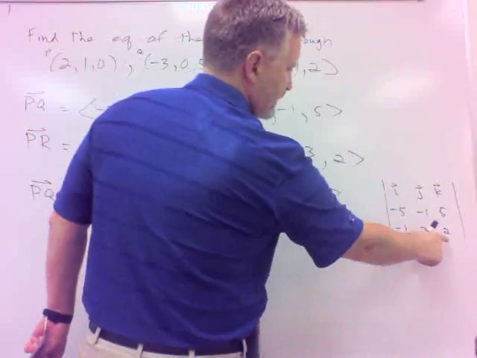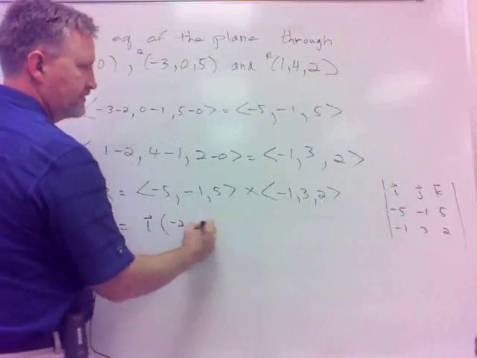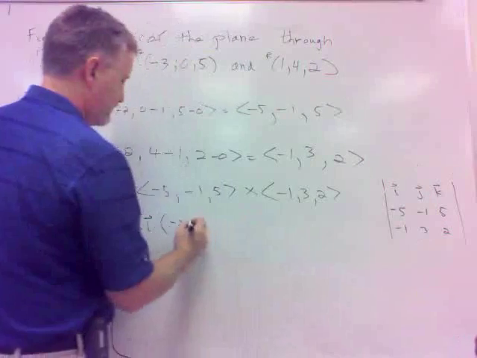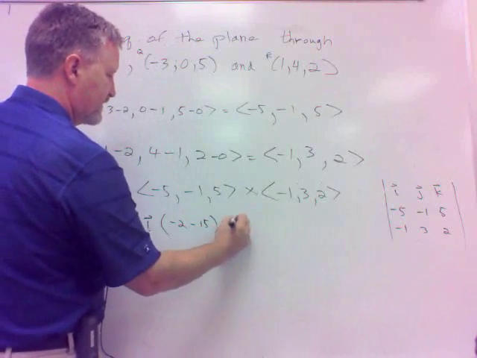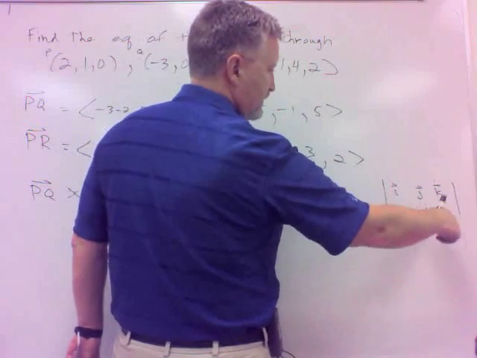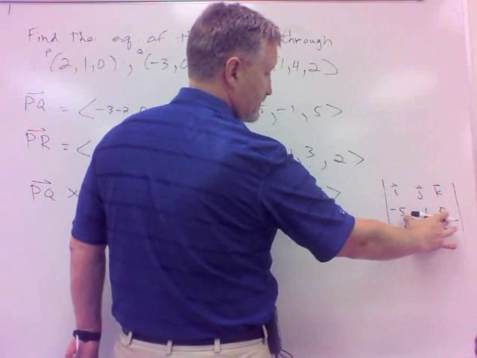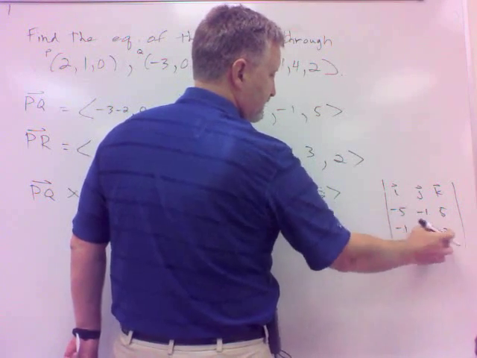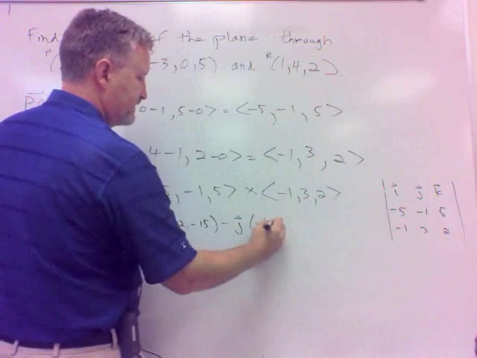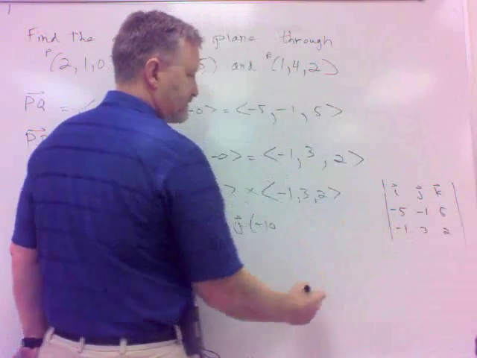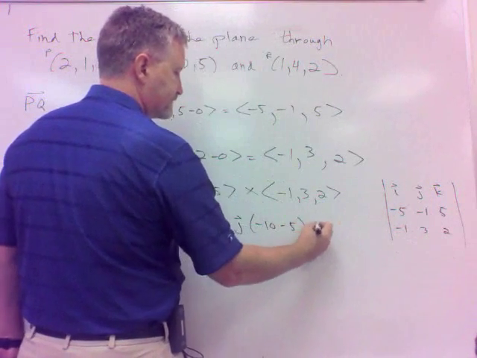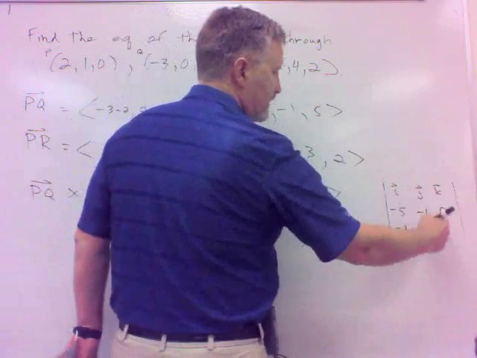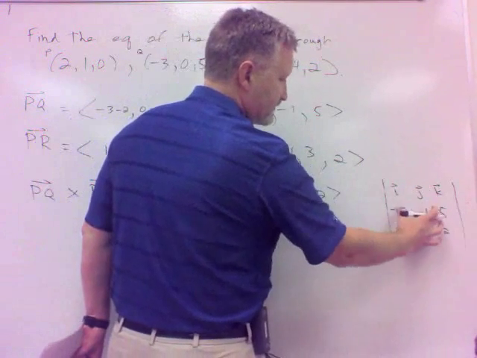So that'd be negative 1 times 2 would be negative 2 minus 5 times 3, 15. Then we subtract the j, and it's the 2 by 2 determinant here. So it'd be negative 5 times 2 would be negative 10, 5 times negative 1 is negative 5. And then the k, eliminate that and just do the determinant of these two.